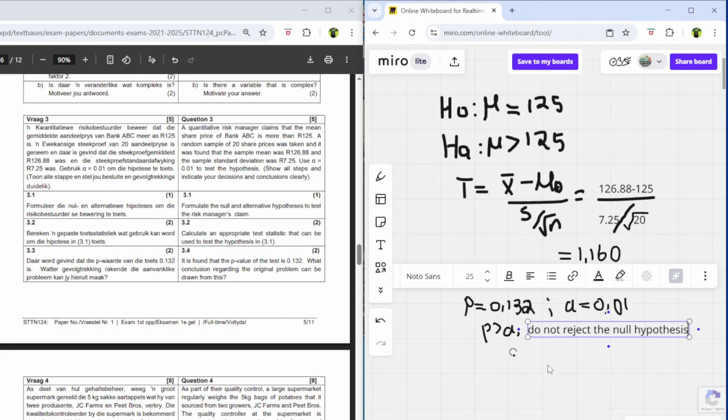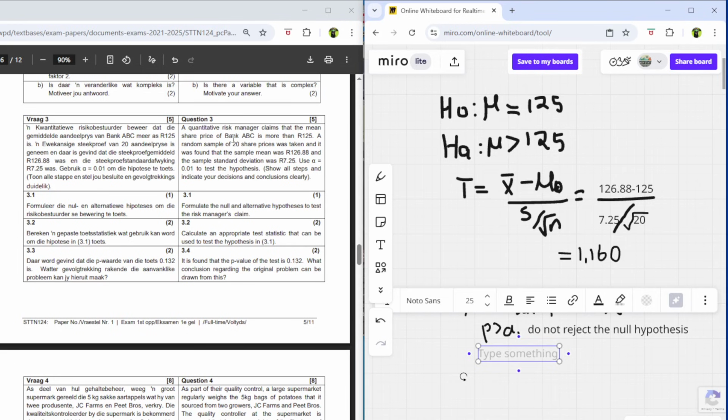We do not reject the null hypothesis, and the conclusion is that we are basing our conclusion on the initial statement. The risk manager was claiming that the mean share price is more than 125. So we say we do not reject the null hypothesis. So we can't say that it is more than 125.